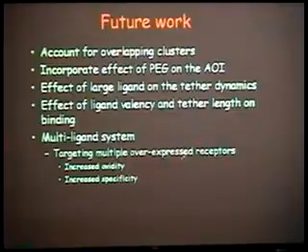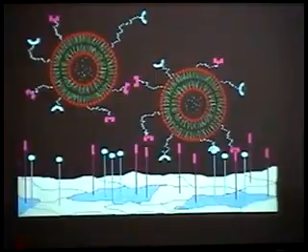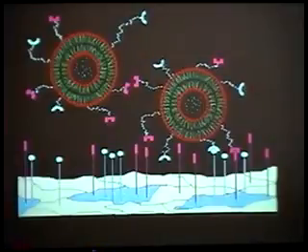And the next generation really is what Ravi Bellamkonda and I call the multiple ligand system. Here's a cartoon of that. The idea that we're going after here is we've had this long-standing interest in how cells recognize surfaces in the body.